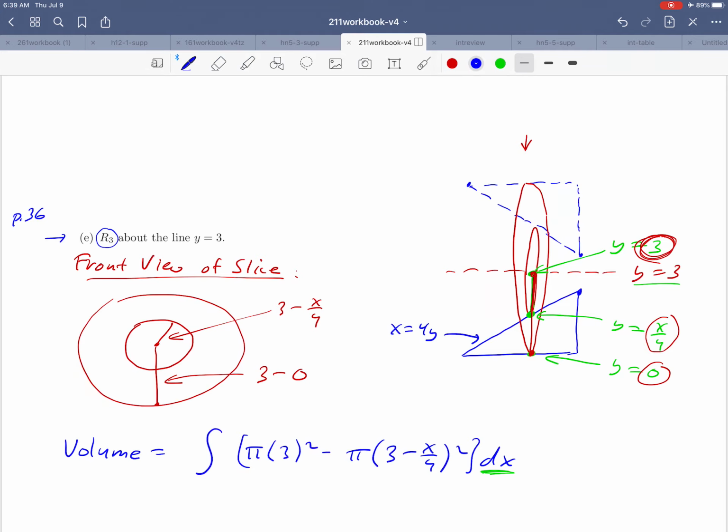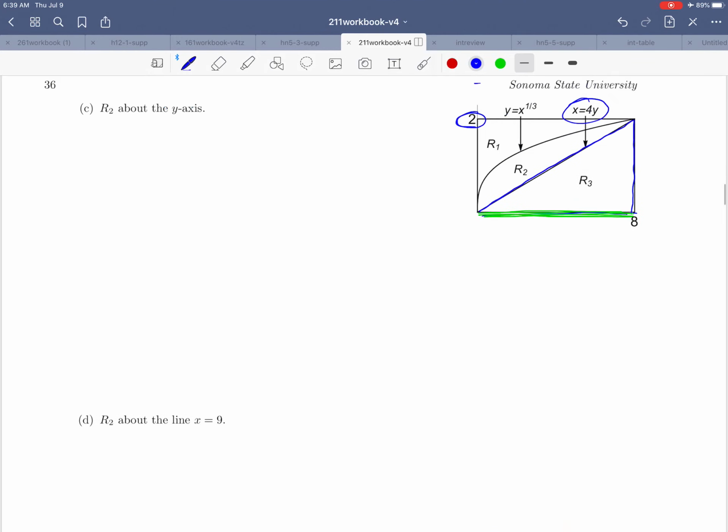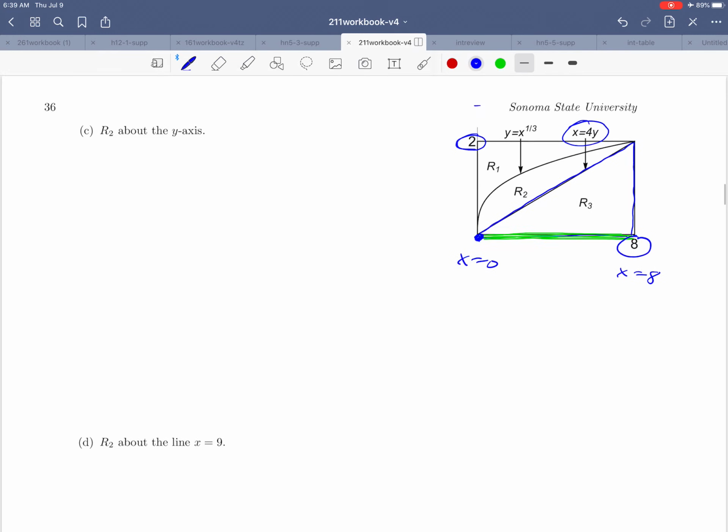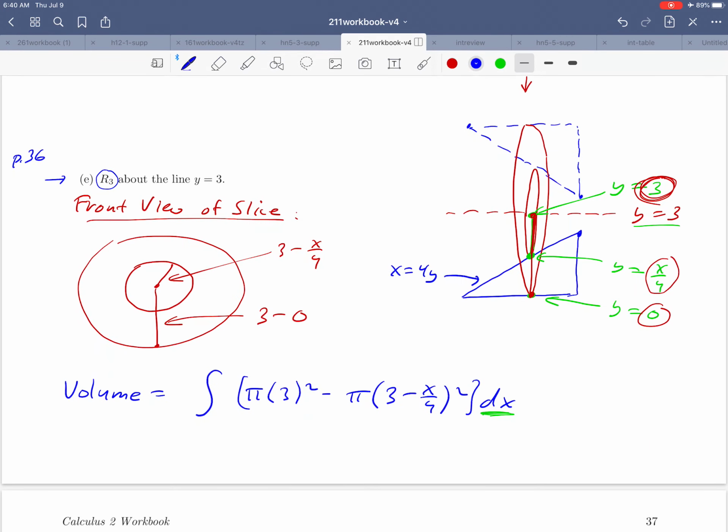So where do we start and where do we stop slicing? Let's take a peek. You can see from the picture that we start over here at x equals 0 and we stop here at x equals 8. That tells us what our limits of integration should be. And that looks like a final answer.